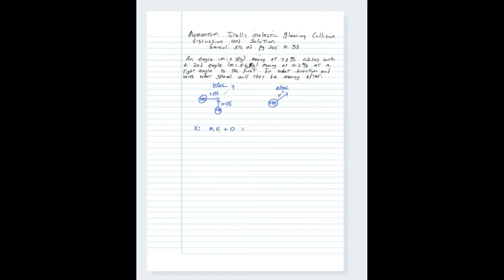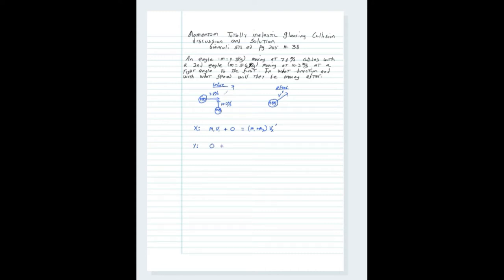After the collision, they stick together and they move off with some velocity in the x direction. I'm going to call that Vx prime. In the y direction, the first eagle has no momentum. It's not moving in the y direction.